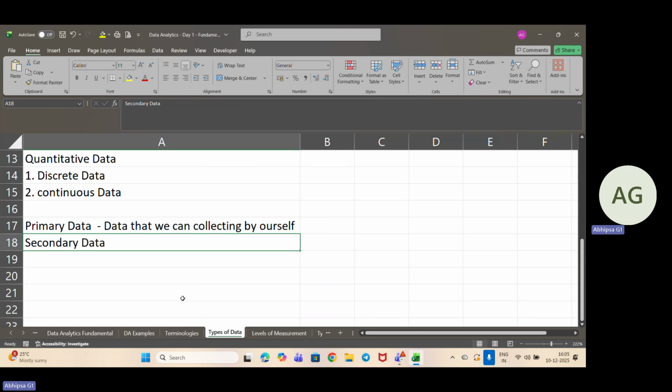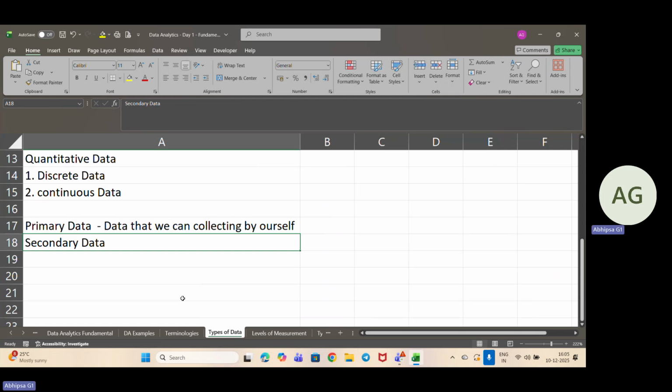We want to do a proper survey, so we create a Google form and share it around. People fill in the form, share their updates, and based on that we collect the data. Next is the crop images that we take for feeding to a model as data. Next are the interviews that we record. That is also primary data, the data we collect by ourselves.